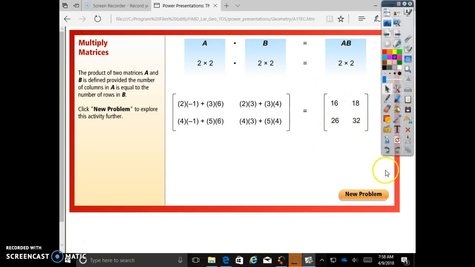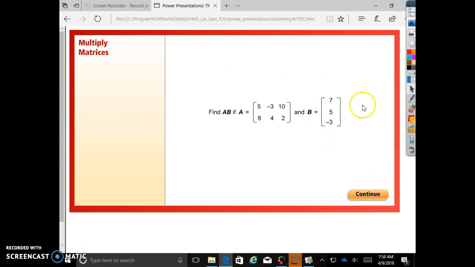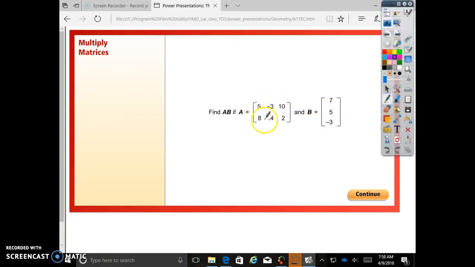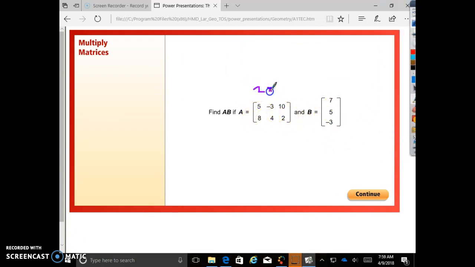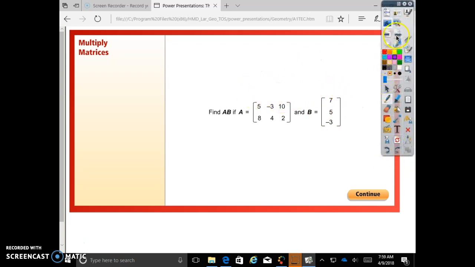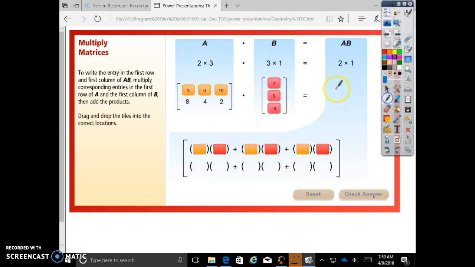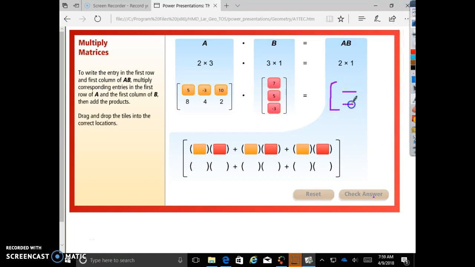Makes sense? Let's try another one. 2 by 3, 3 by 1. What's my answer? A 2 by 1, so just 2 numbers.